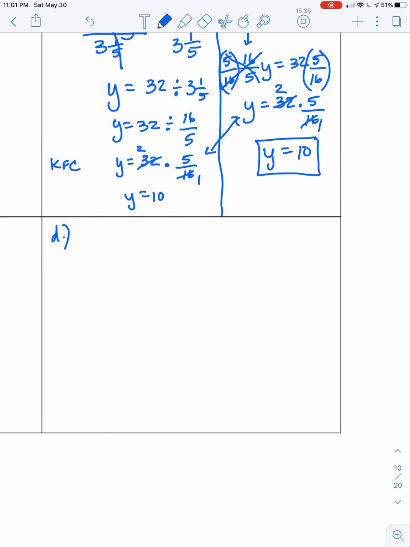And then on the last example, D, we have x divided by 2 1/4 equals 5. We're going to multiply both sides by 2 1/4.